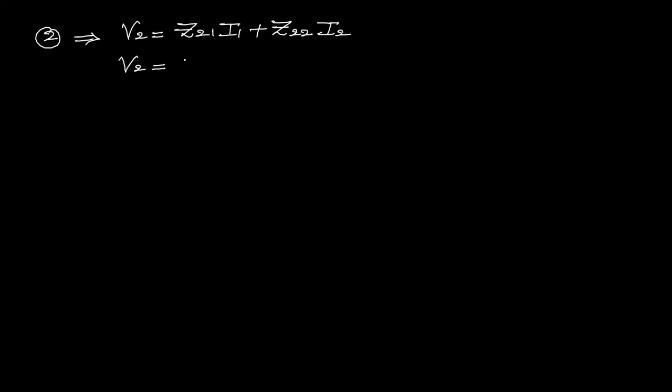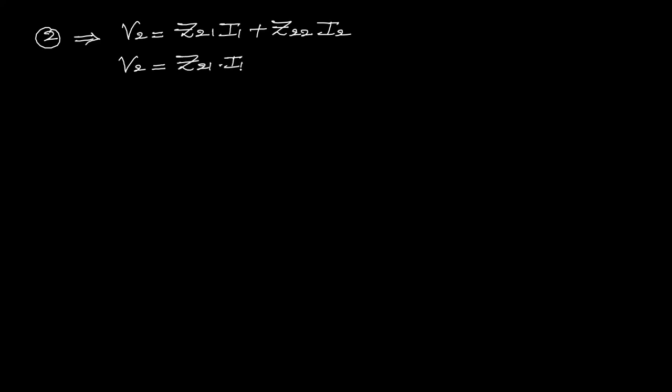Now coming to the second one. From equation number 2, V2 is equal to Z21 I1 plus Z22 I2. Now we simply substitute I2 is equal to 0.